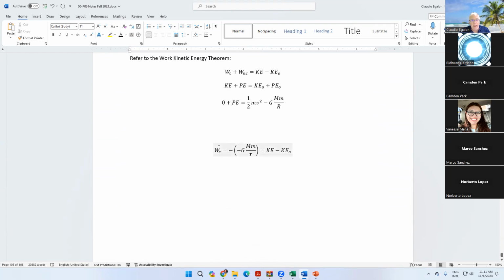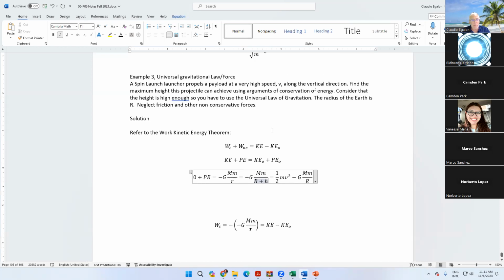And the final potential energy is going to be minus big G, big M, small m, divided by lowercase r. But don't forget, this lowercase r is given by the radius of the Earth plus the altitude of the satellite, the altitude of the payload. Find the maximum height this projectile can achieve using arguments of conservation of energy.